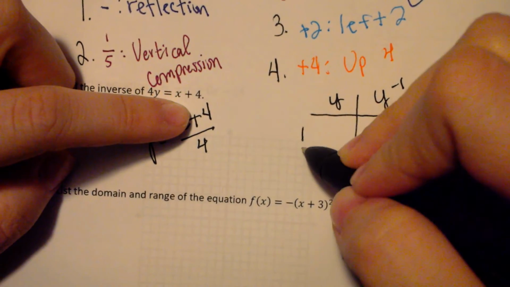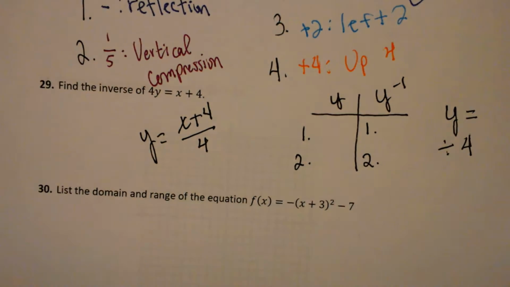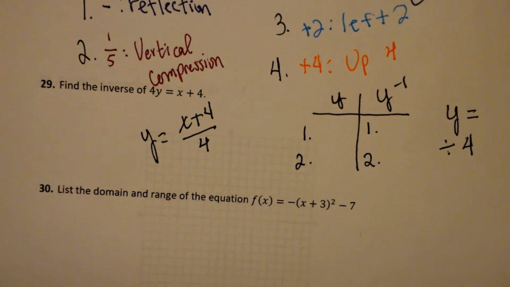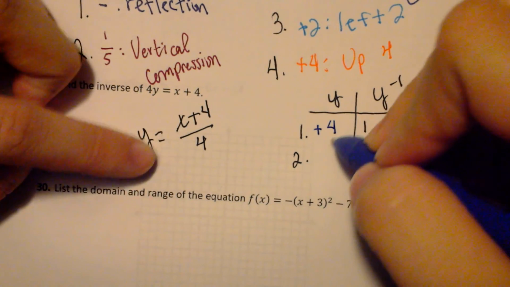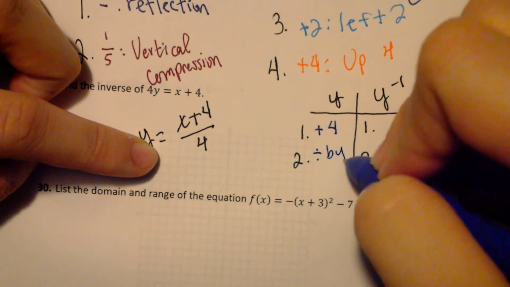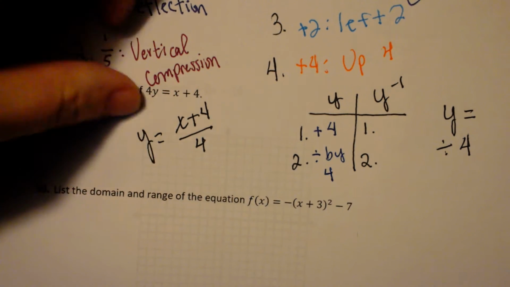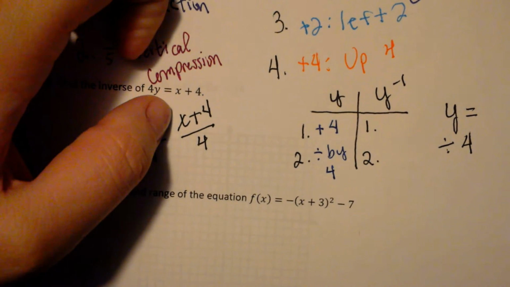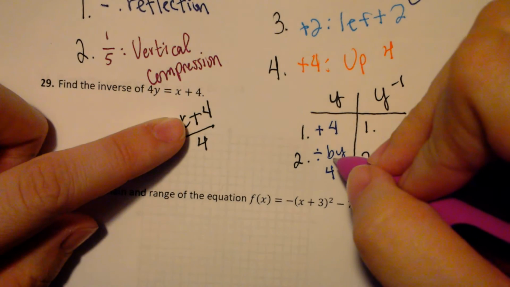So I have a plus 4, and I divided by 4. So I have two operations going on. So I added 4, and then I divided by 4. I'm starting where x is. So then I'm going to undo.